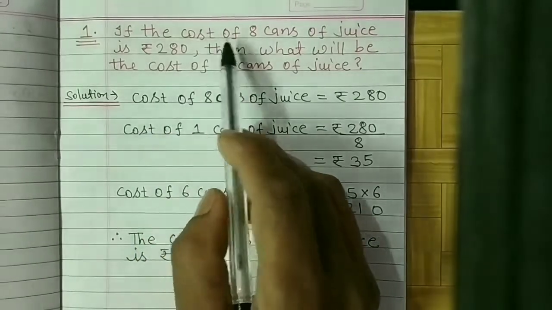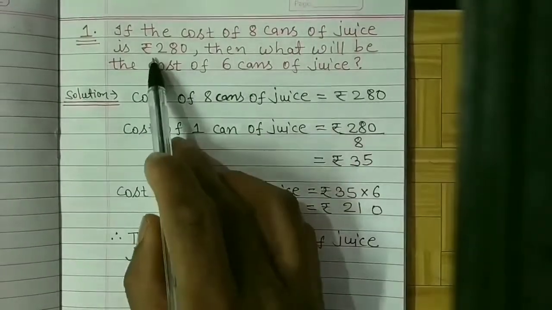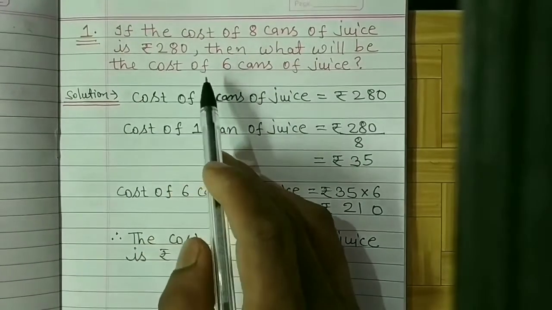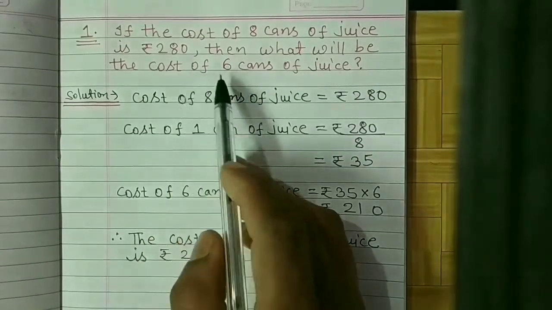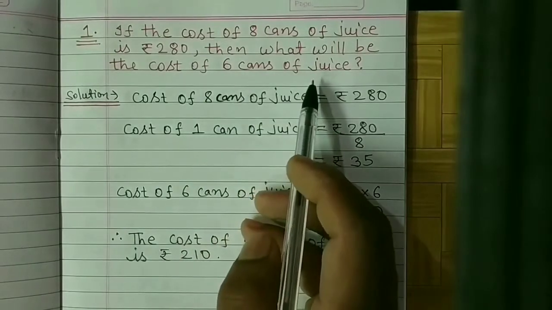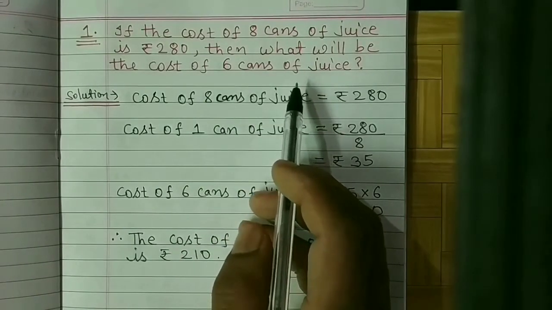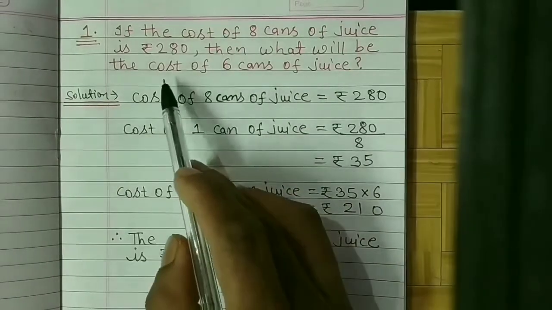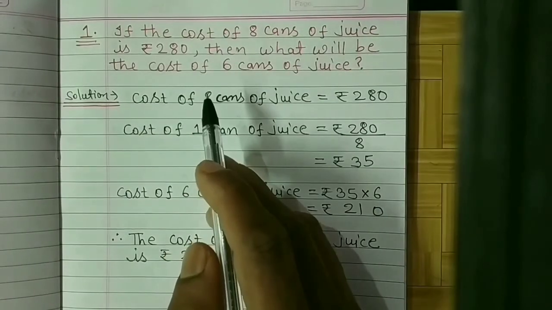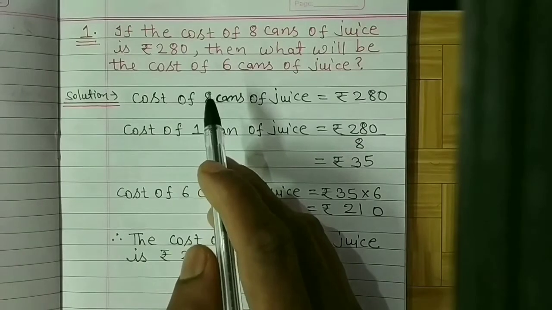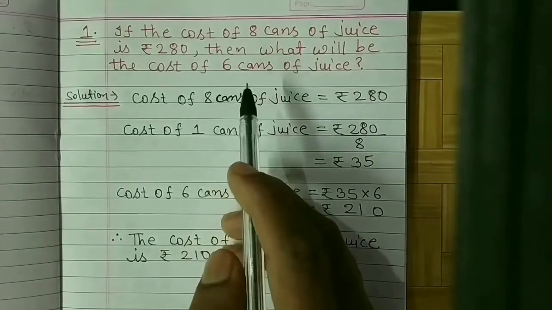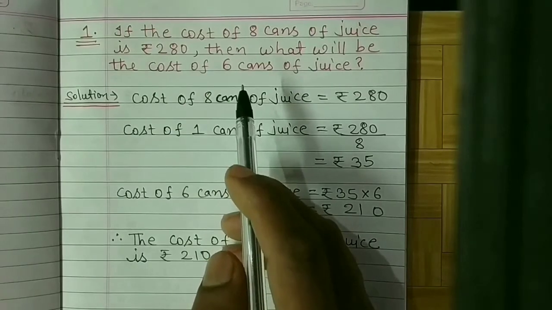Here the cost of 8 cans of juice is given, that is rupees 280, and we have to find the cost of 6 cans of juice. We are going to find the cost of 1 can of juice by division, and then the cost of 6 cans of juice by multiplication.